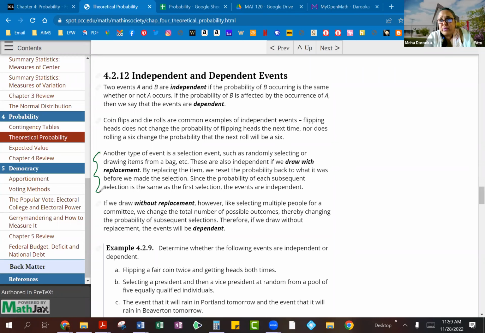Just like we did with the chocolate example, the one without replacement, since we were eating that piece of chocolate, it changed our probability as you were going from the first to the second to the third. But when you're talking about with replacement, remember your probability will stay the same because now you're not dependent on what you drew the first time around. So that's going to be the difference in this example over here.